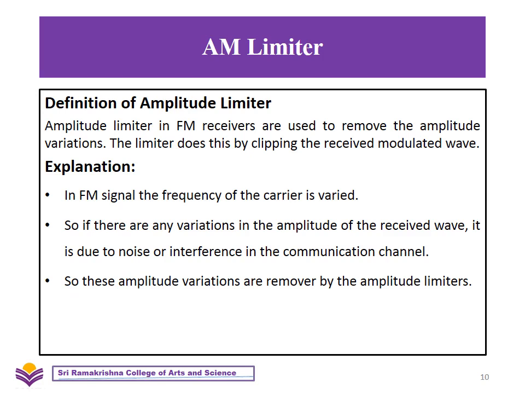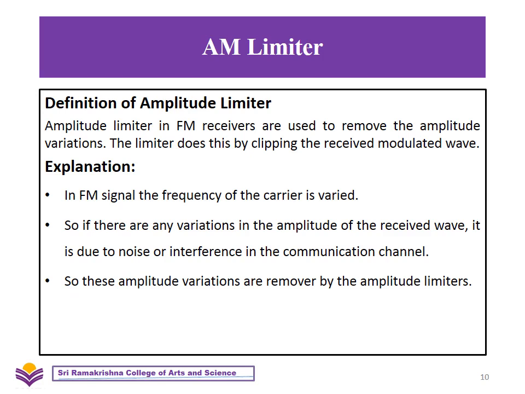In the explanation, first of all, we are going to look at the FM signal, which has a carrier frequency. The carrier frequency will be a varying one, because according to the time constant of the signal, the wave will be a continuous wave. If there is any variation in the amplitude of the received wave, then it is said to be noise or interference. This noise and interference has to be eliminated from the communication channel to produce a proper sound signal at the output.